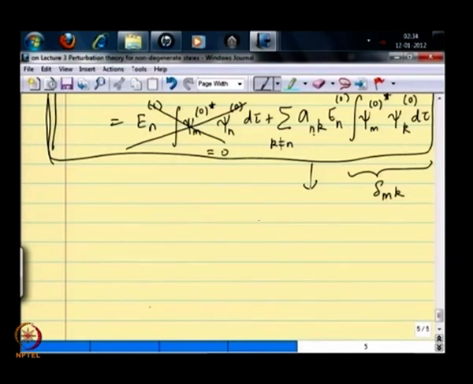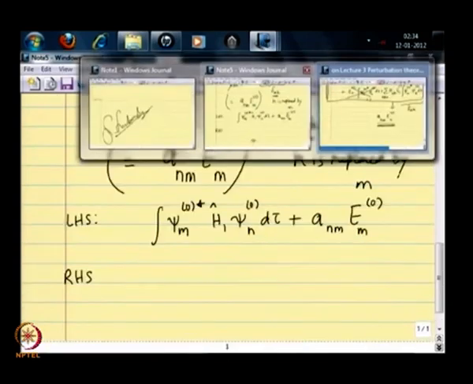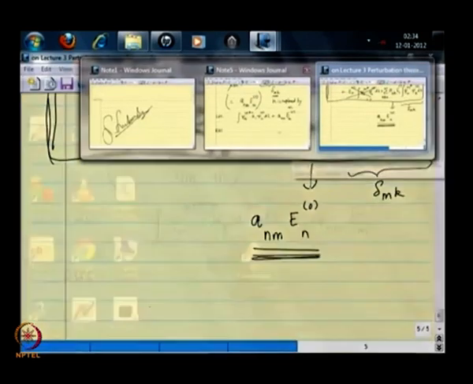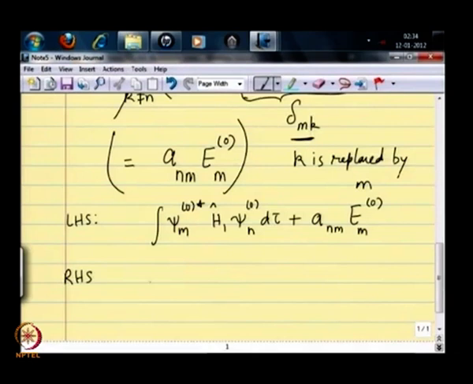So the answer would be a n m e n 0, and only for that this integral is 1, otherwise it is 0, and there is no other term. So what you have on the right hand side is a n m e n 0, which we will now put in our equation here.